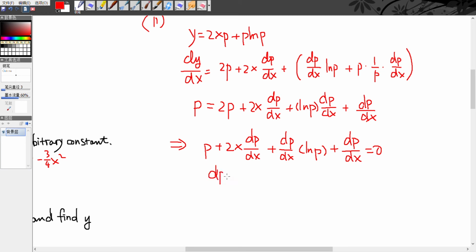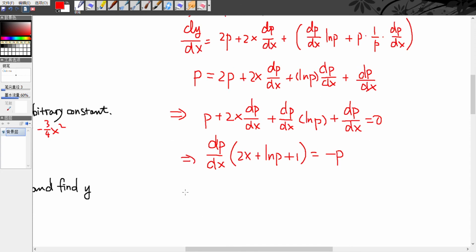So dp by dx times (2x plus ln p plus 1) is equal to negative p, and we move this term to the right hand side, which gives us dp by dx is equal to negative p over (2x plus ln p plus 1).